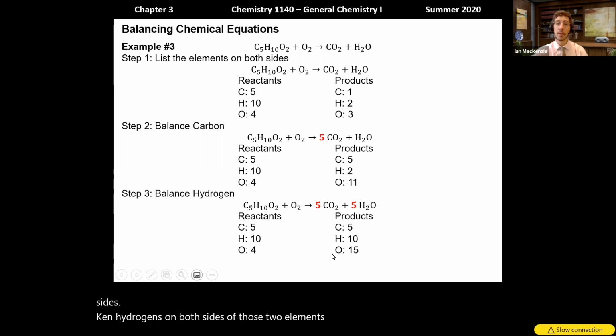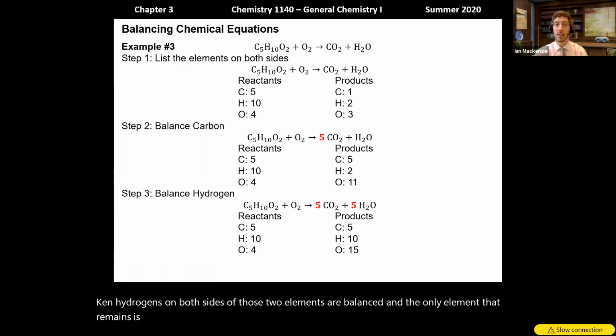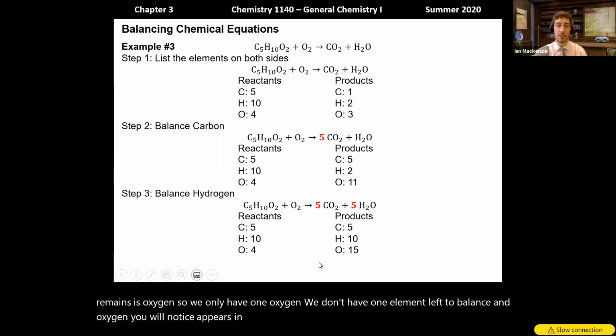And the only element that remains is oxygen. So we only have 1 element left to balance. And oxygen, you will notice, appears in every single one of the formulas of our problem. There are currently 15 on the product side and 4 on the reactant side.